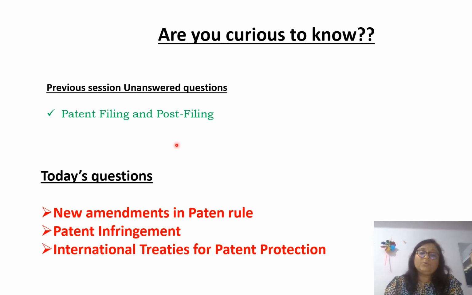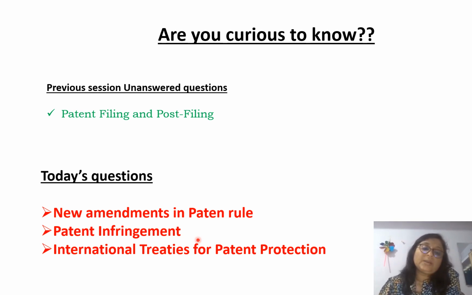So for next, as you can see, in the middle I was talking about the new amendment rules in patent. So in the next session we will go through what the patent rule amendments 2024 actually are, what things have changed, and then we will see patent infringement, like theft of patent, what patent infringement is, and if your patent is infringed, what the provisions are in the patent act.